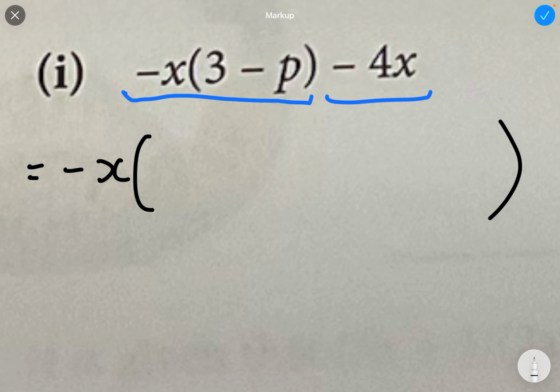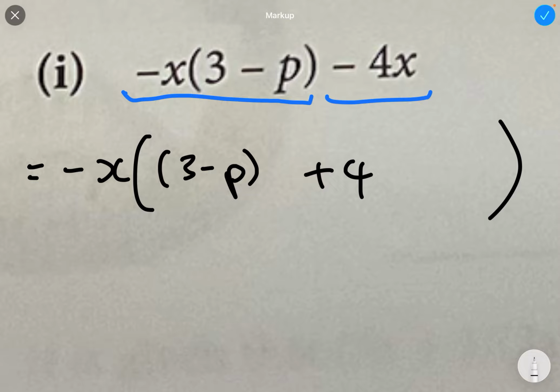First term divided by negative x, cancel, cancel. I will have a positive 3 minus p. Second term, minus 4x divided by minus x. Minus minus cancel become plus. X cancel with the x. I will have a plus 4.